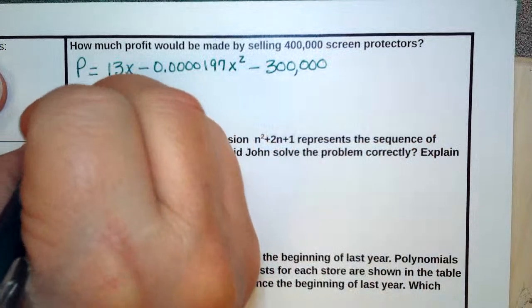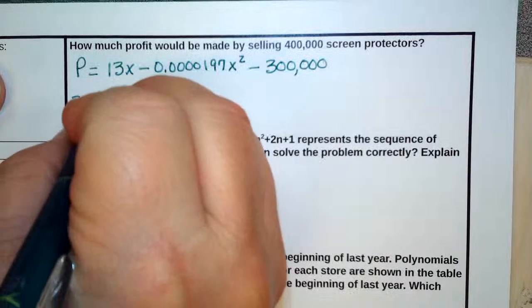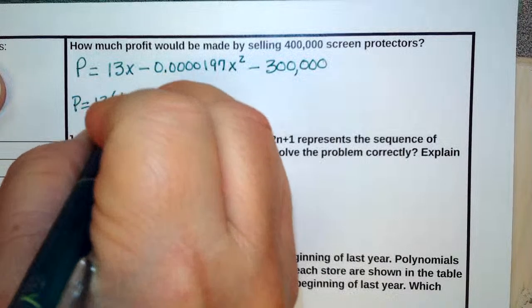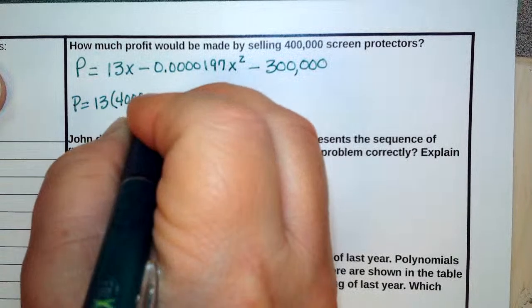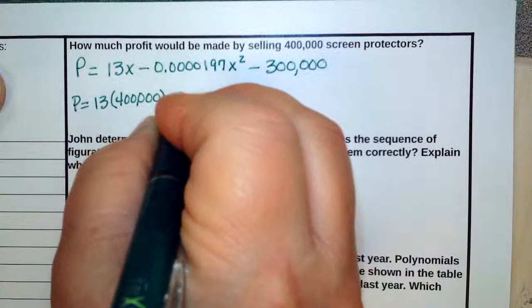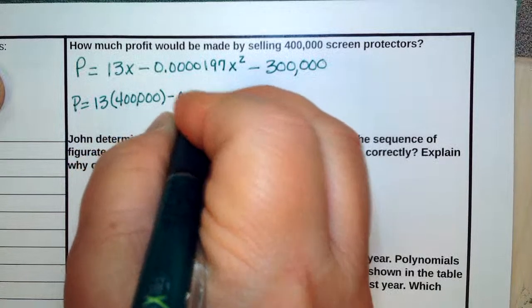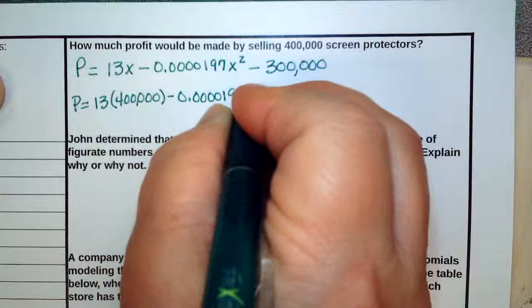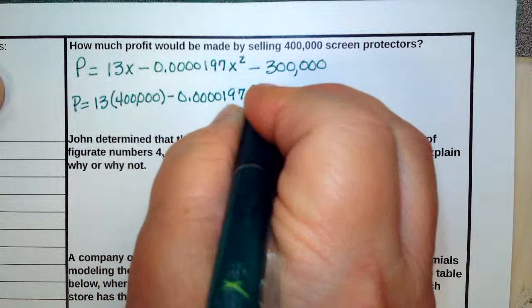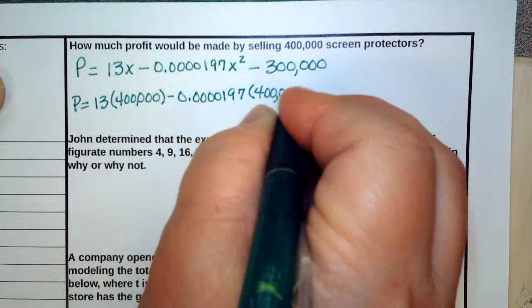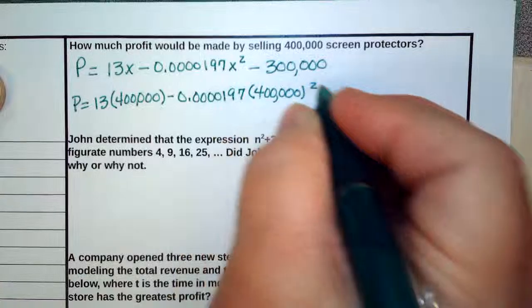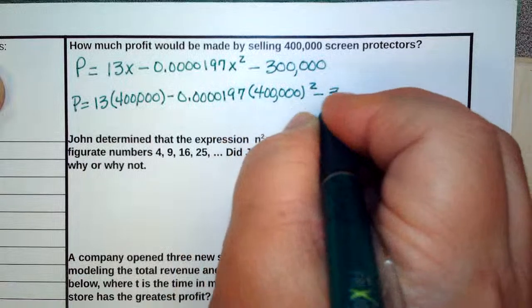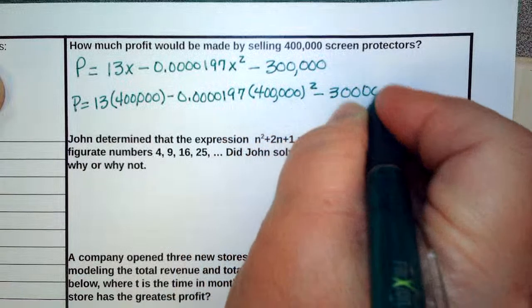So P is equal to 13 times 400,000 minus 0.0234197 times 400,000. This time I'm going to square it, then minus 300,000.